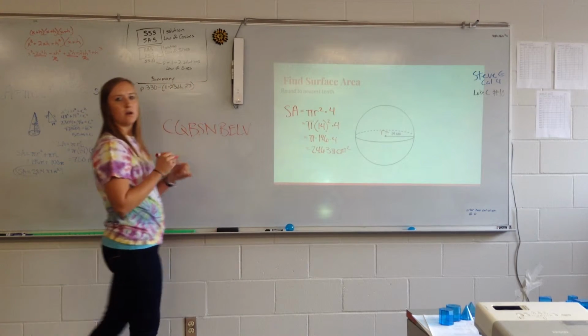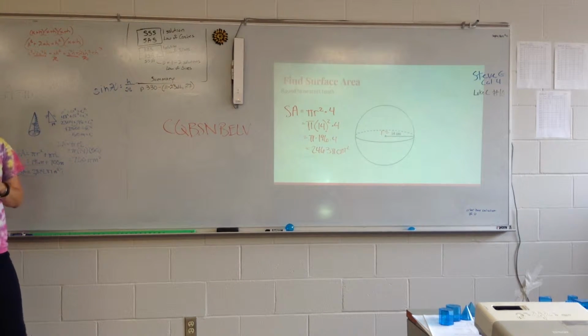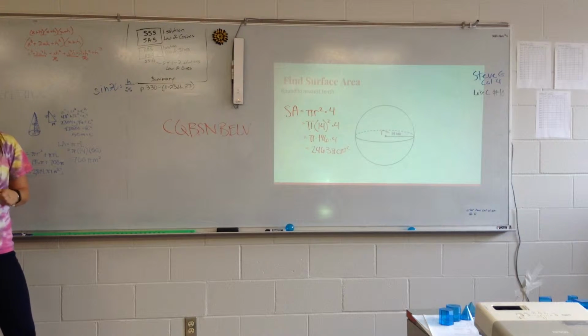Now, what if I say round to the nearest 10? Cade, can you do that for me? You're going to probably need your calculator, right? I was getting a decimal. Yeah. It's only round to the nearest 10, that's the whole answer.